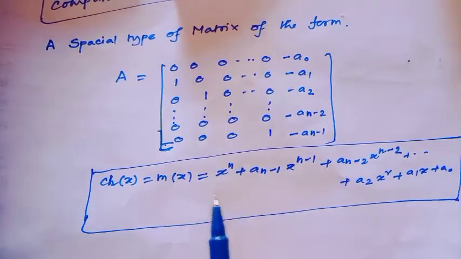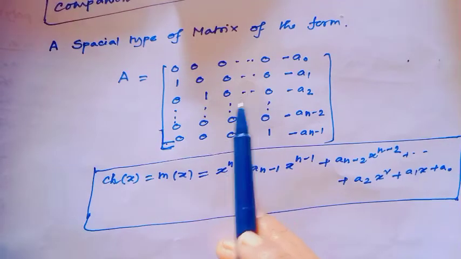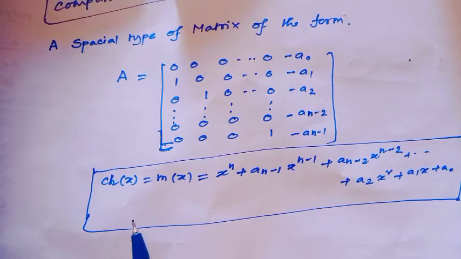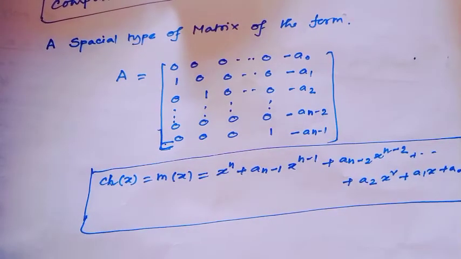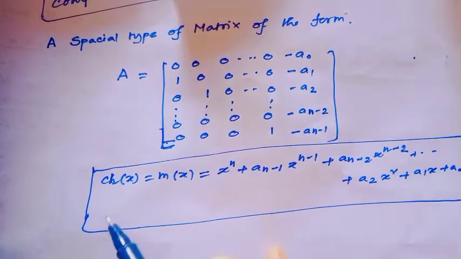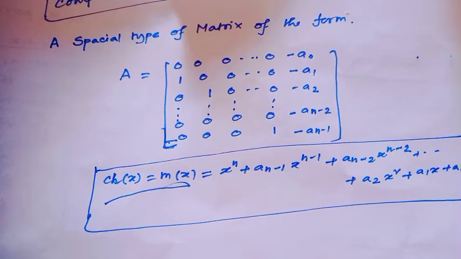The characteristic polynomial and the minimal polynomial of a companion matrix are always the same.